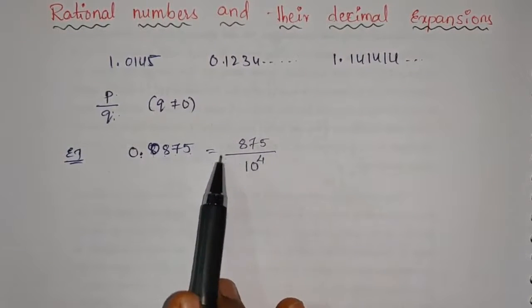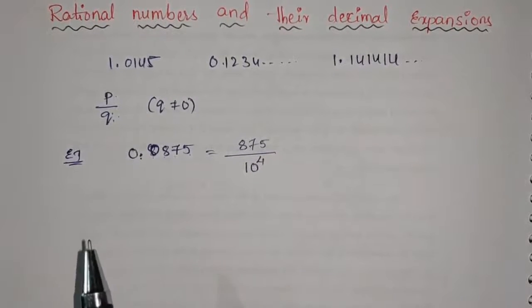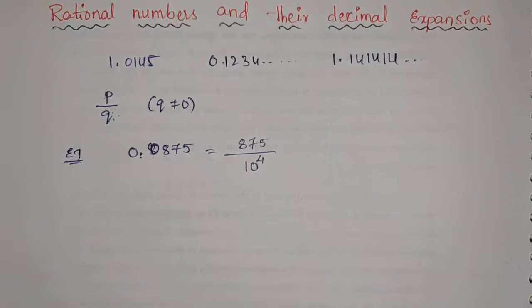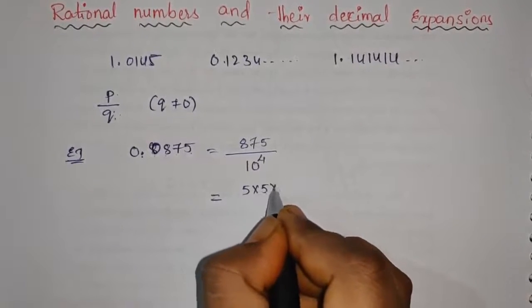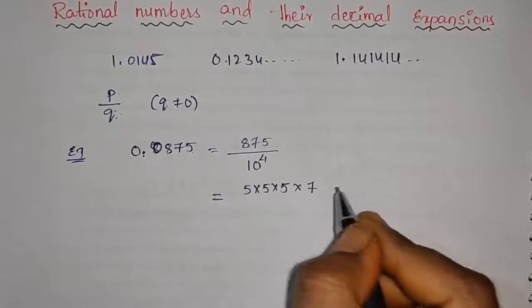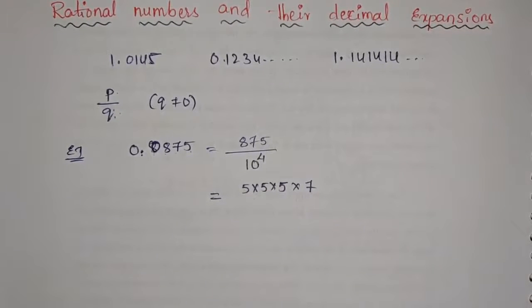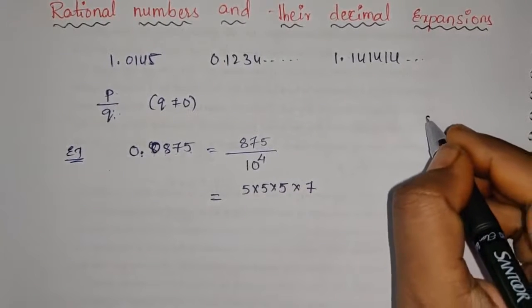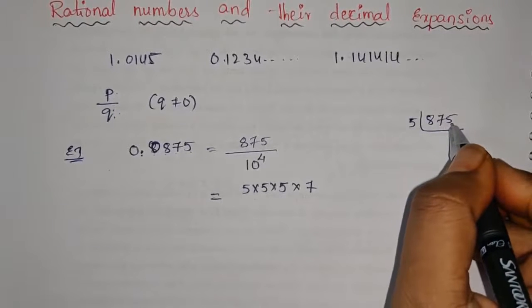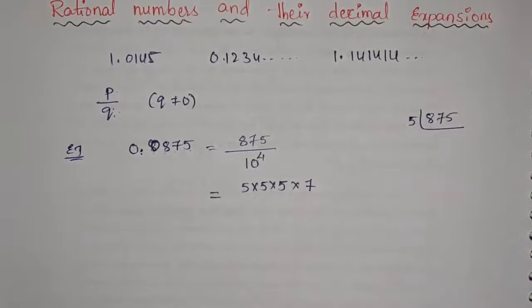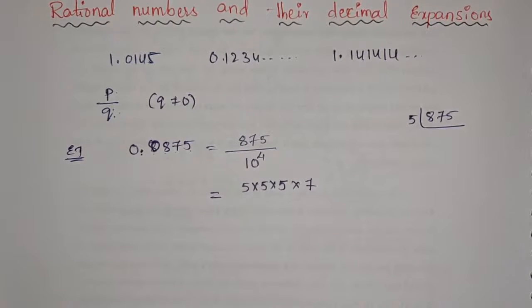So this 875 can be factorized with prime numbers. You can calculate in the rough work. When you do the prime factorization of 875, it won't be divisible by 2 because it is an odd number, and it won't be divisible by 3 because the sum of the digits is not divisible by 3.